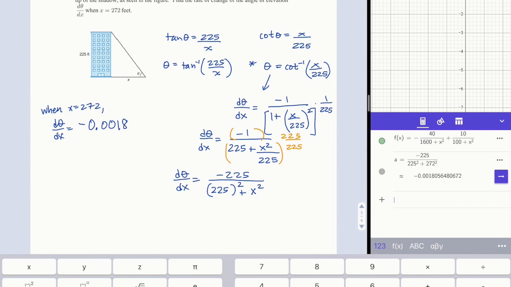And this would be in radians per foot, because our output would be in radians for the angle, and our x, the input, was feet.